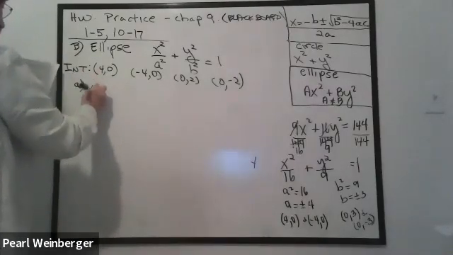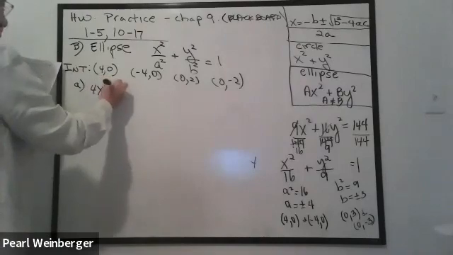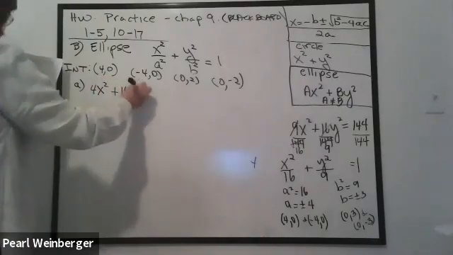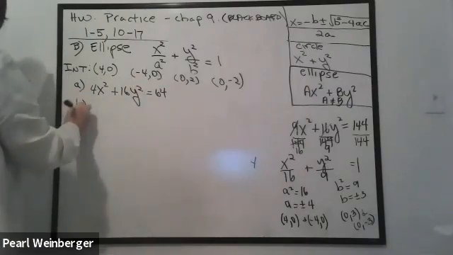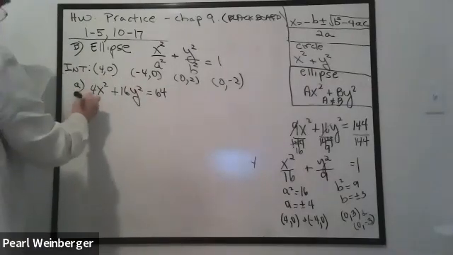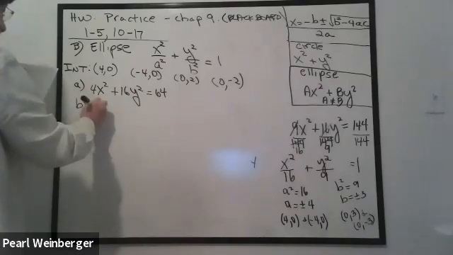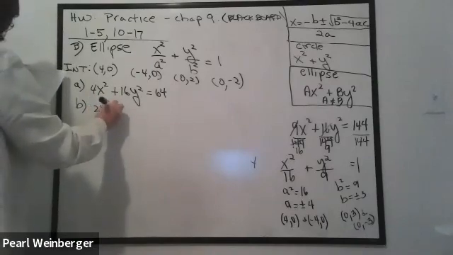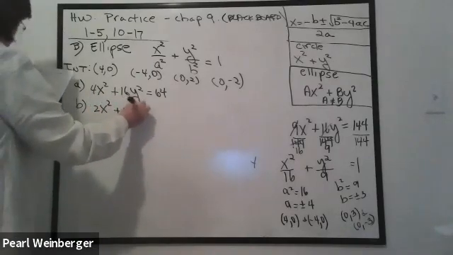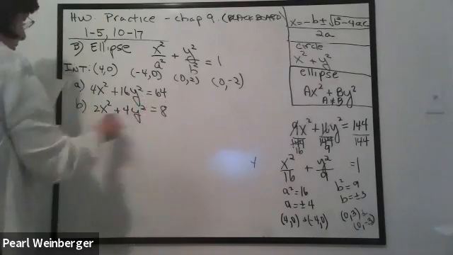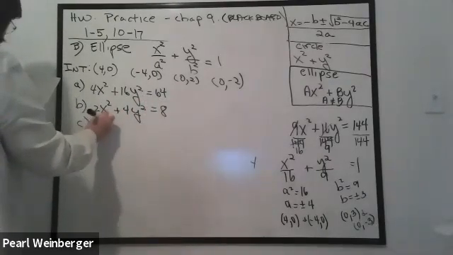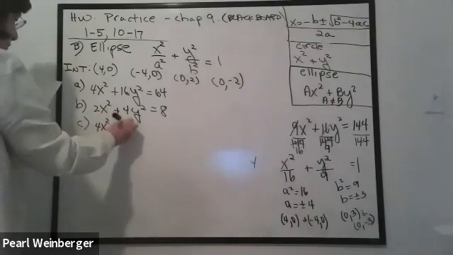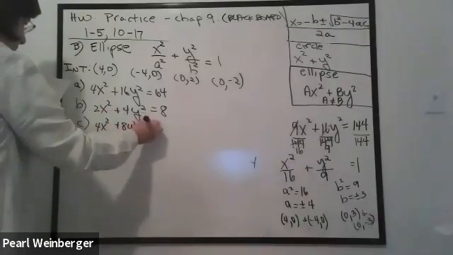A: 4x squared plus 16y squared equals 64. B: 2x squared plus 4y squared equals 8. C: 4x squared plus 8y squared equals 32.